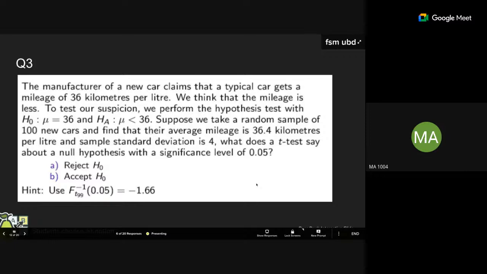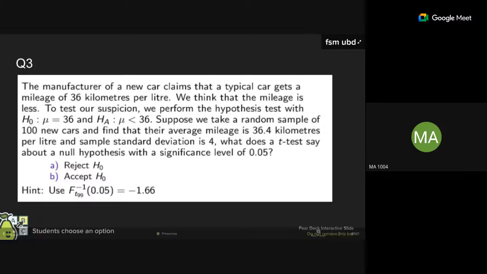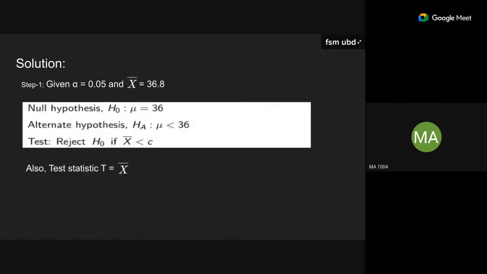Okay, so let's see. The same approach we will follow. Here the null and alternative are given to us, and once the alternative is given, we can also write down the test.